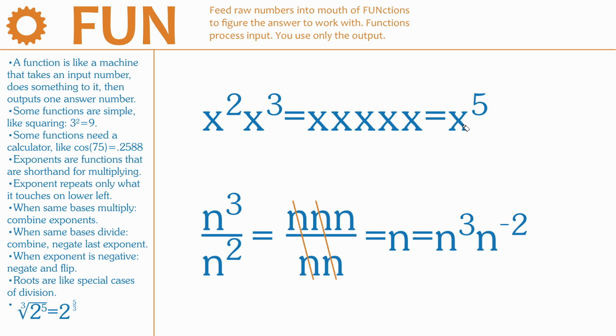Because, for example, I notice x squared times x cubed gives me 5 x's, gives me x to the 5th. Well, then what do you notice about the exponents themselves? It's a positive 2 and a positive 3, which gives us a positive 5. I can just combine.